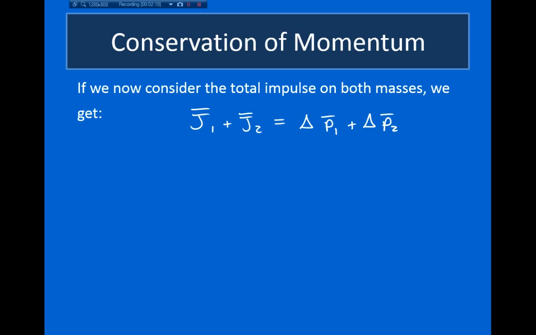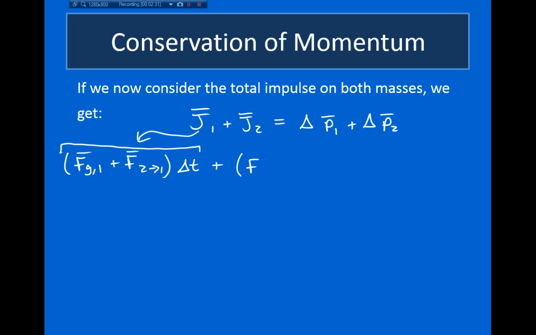Going back to the formulas that we found, the impulse that was exerted on mass 1 is the force due to gravity exerted on mass 1 plus the force that mass 2 exerts on mass 1, times delta t. So this right here is just the impulse that was exerted on mass 1.